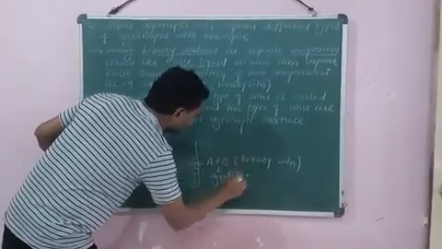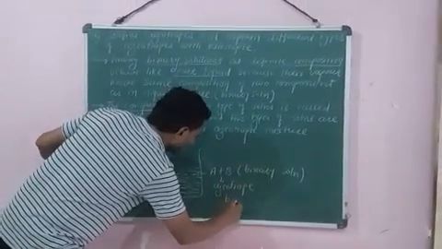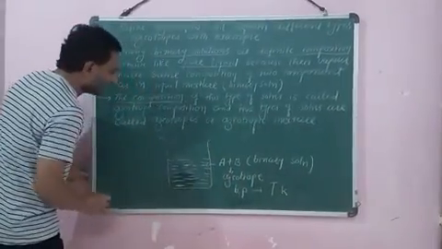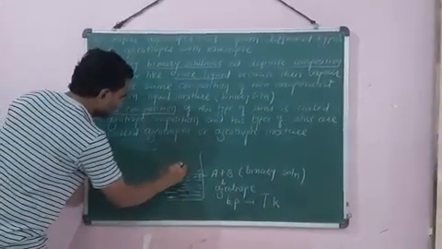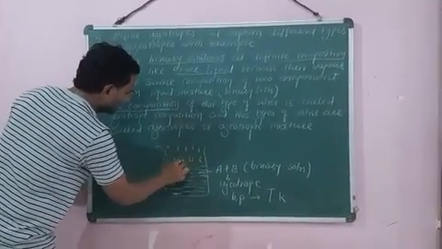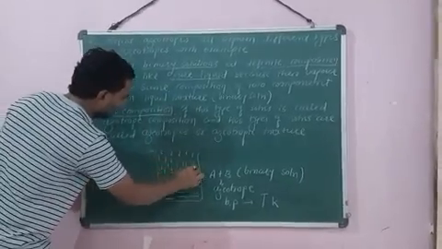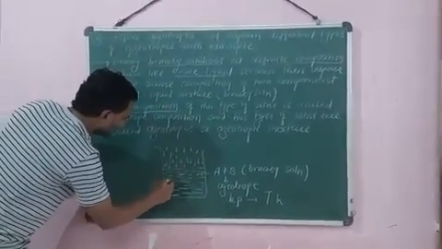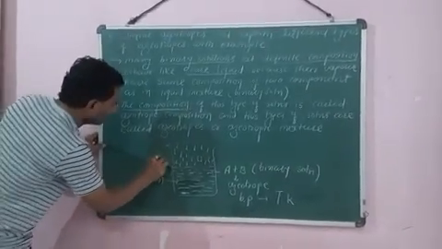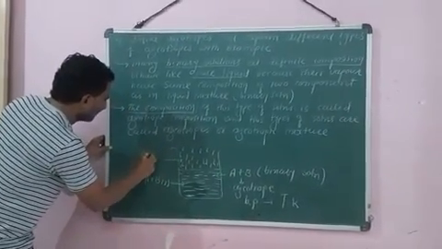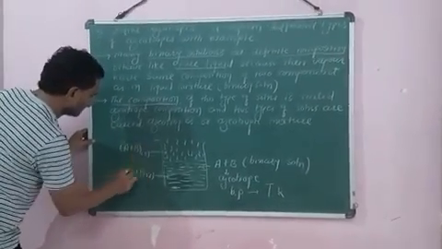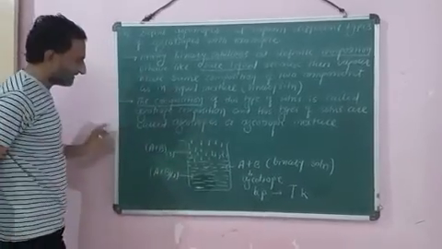The boiling point of this azeotrope is, suppose, T Kelvin. At T Kelvin, this is the vapor state. At its boiling point, this mixture is converted into vapor state. This one is the A plus B liquid, and this vapor also contains A plus B gas. A plus B liquid, A plus B gas.